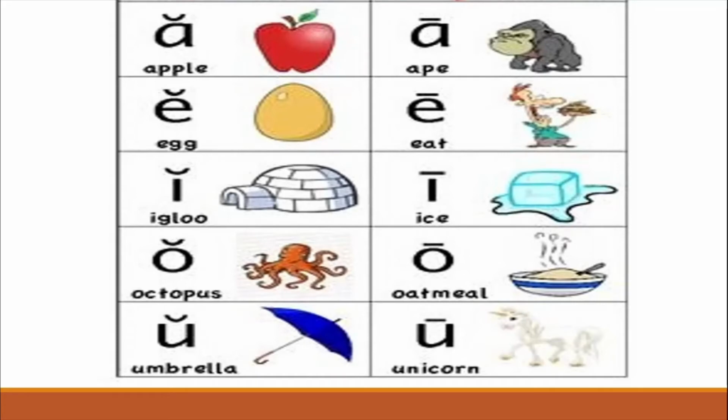Alright? Look at I now. So igloo. So in igloo it is one sound, in ice it is another. So this is what I wanted to say, that even though there are 5 vowels, there are 14 vowel sounds. 14, some people say 15. So American English and British English is a little different.